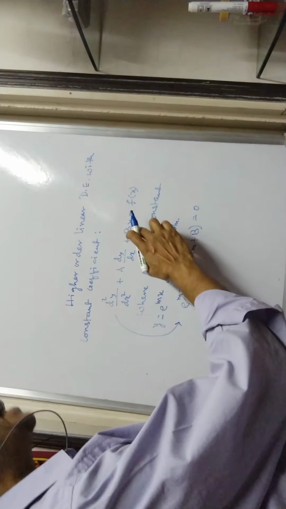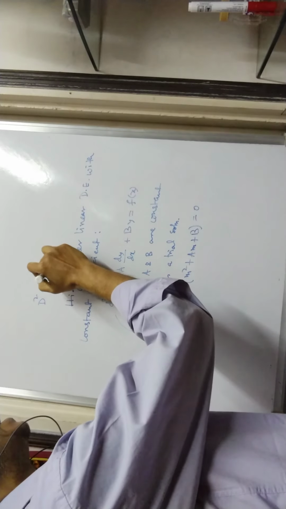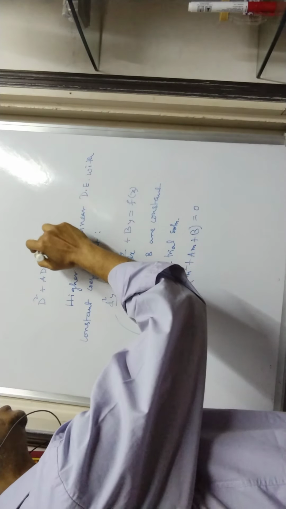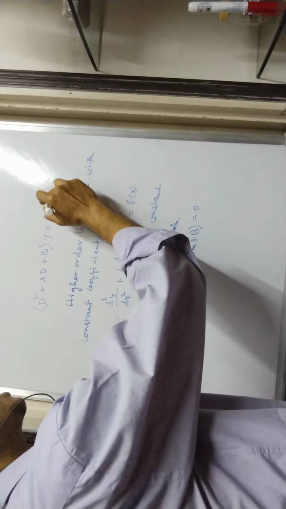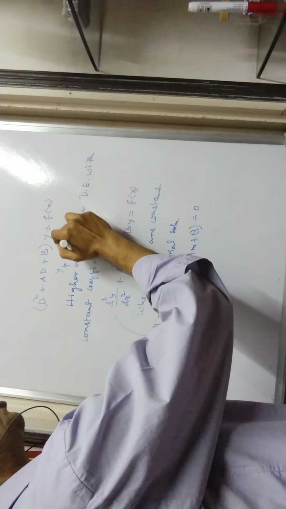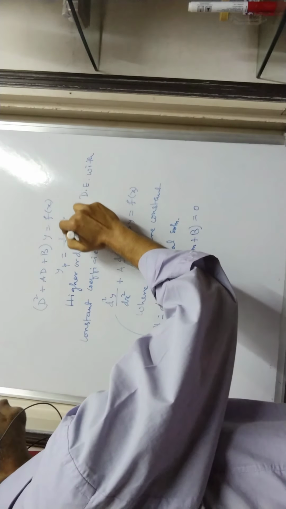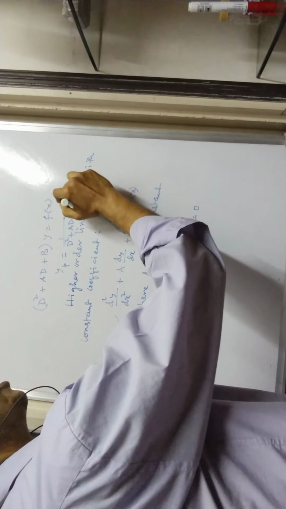And if we take this as an operator, D2 plus aD plus b, which when operated on y gives f(x), we can find the particular integral yp as 1 upon D square plus aD plus b operated on f(x).